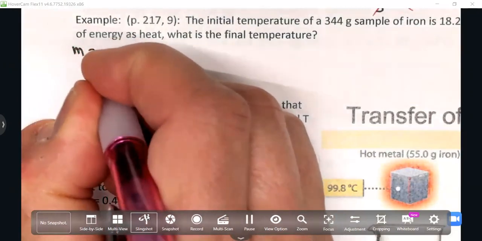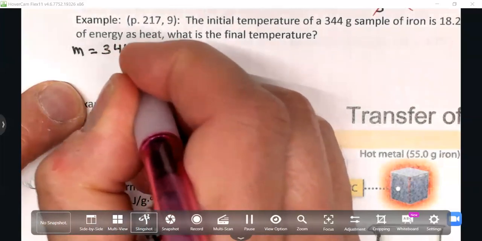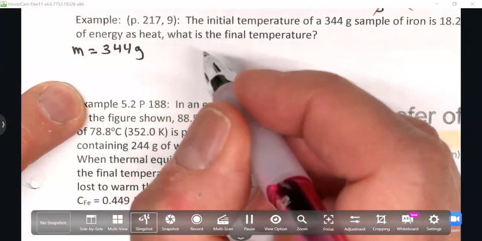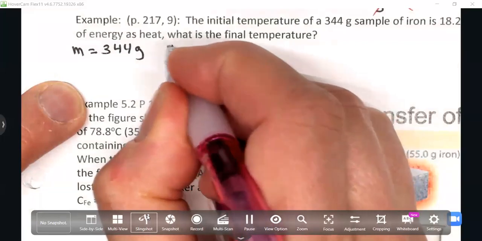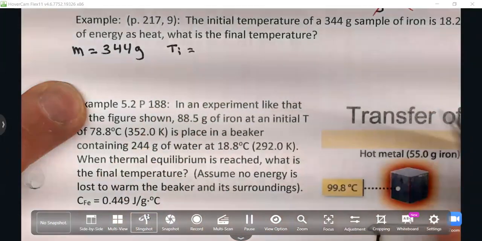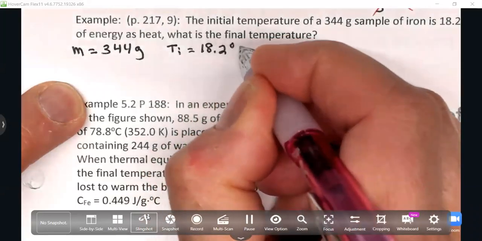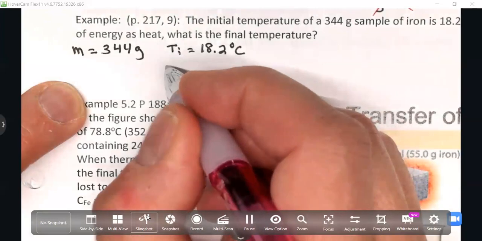My mass is 344 grams, and T initial is 18.2. We are looking for T final.